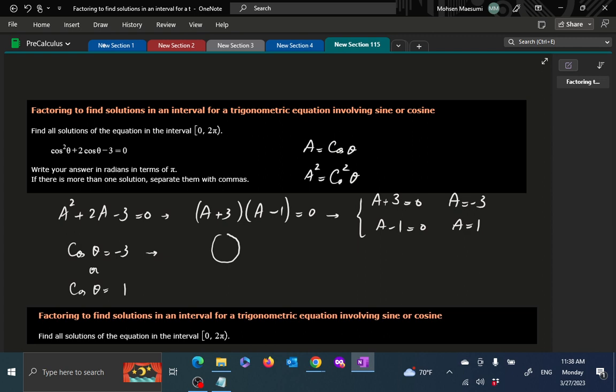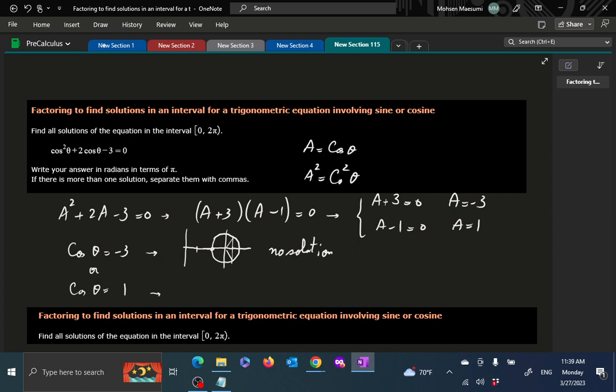To refresh our memory, again we draw the unit circle. If they had given me 1/2, I would have gone up and down and said these are my angles. But that's not what's showing up here. It's minus 1, minus 2, minus 3. If I draw a vertical line at minus 3, it doesn't cut the circle. So this one simply has no solution.